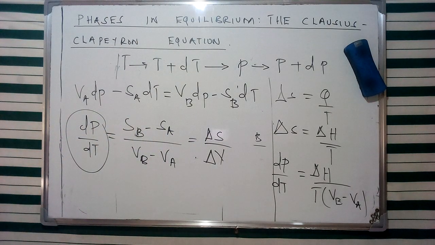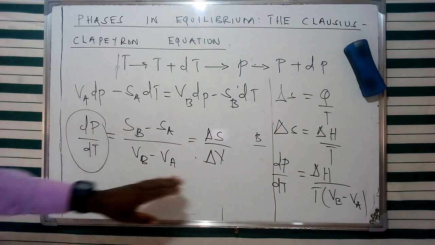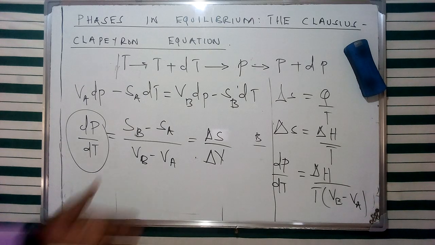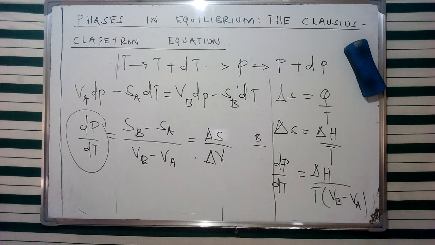So this is going to be the case whereby we're going to consider the heat that is involved, delta H, as the enthalpy absorbed per mole in the particular phase. And this is going to have an implication over this specific representation that we're going to have in our final case.